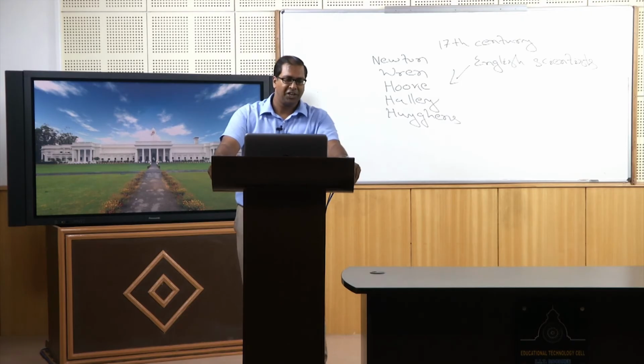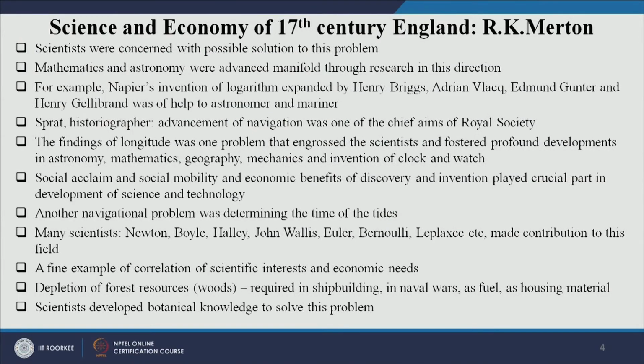Many scientists like Newton, Boyle, Halley, John Wallis, Euler, Bernoulli, Laplace, etc., made contribution to this field, to the problem of navigation, to the problem of finding longitude and latitude, to determine the time of the tide.